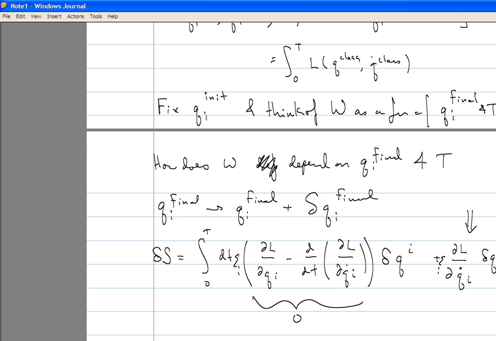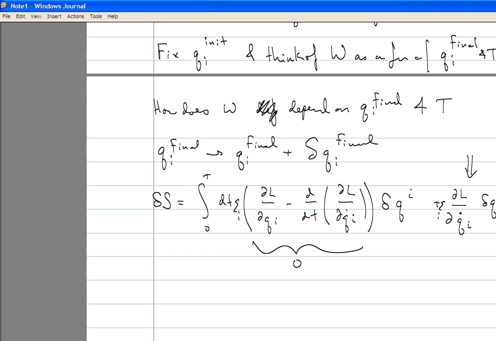That tells us that if we vary the final position and demand that we compute the action always on a solution to the equations of motion between the fixed initial point and the final position which is varying, then to first order, the variation of the action is the sum over I dL by dqi dot times the variation of the final endpoint.